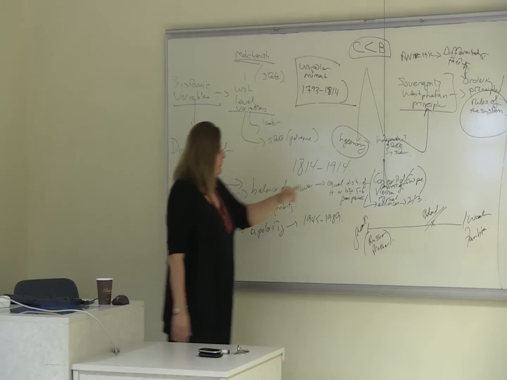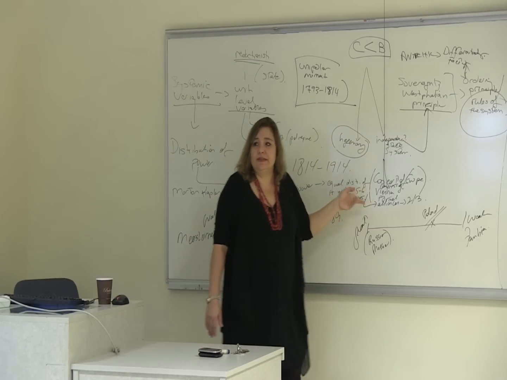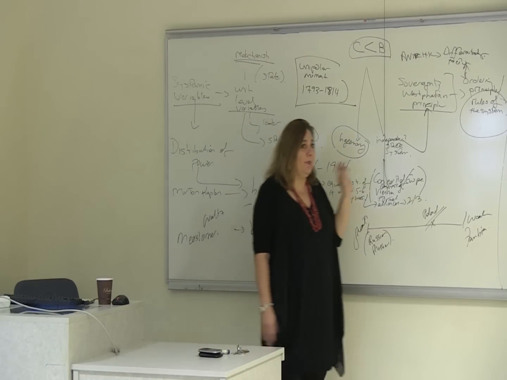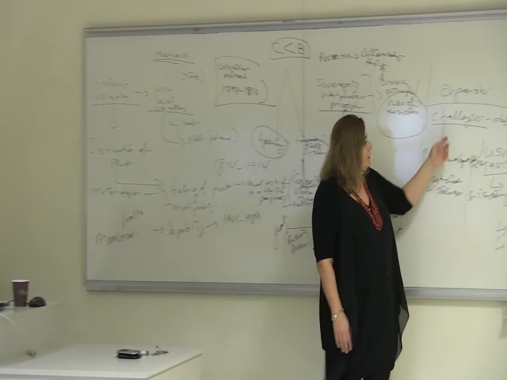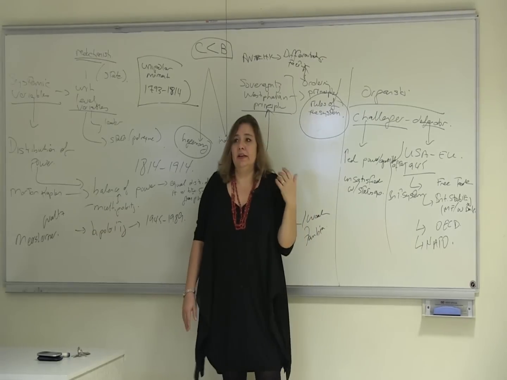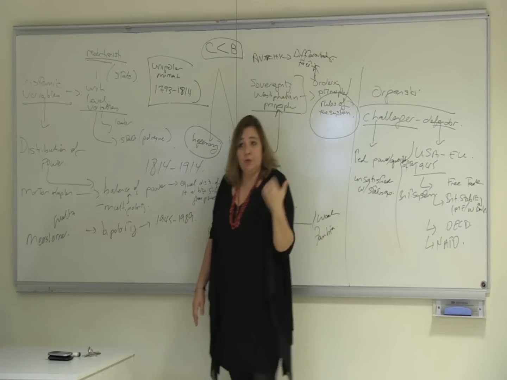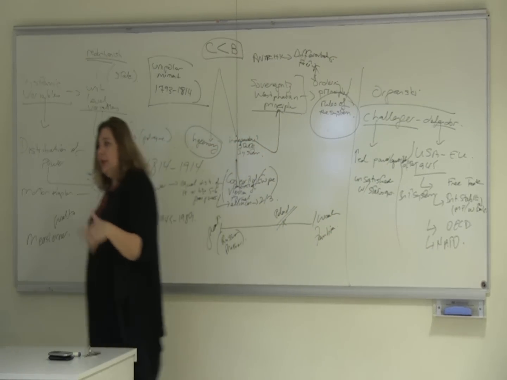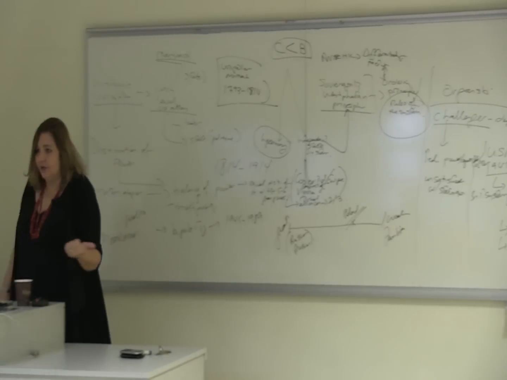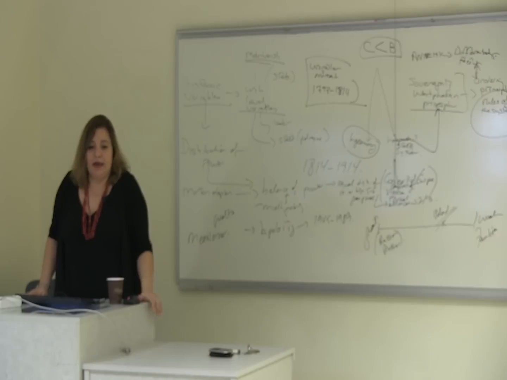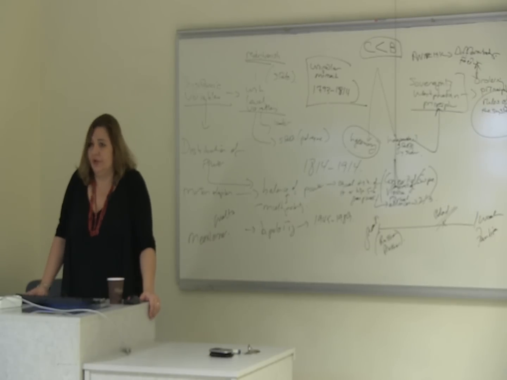When you have an equal distribution of power between 5 to 6 states, the propensity of one of them to rise as a challenger increases. And the propensity of other players to miscalculate the actions of the country with hegemonic aspirations also increases.